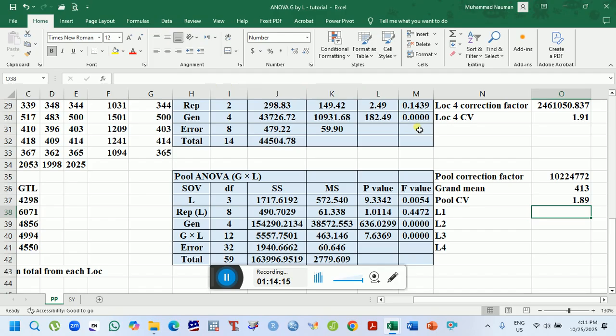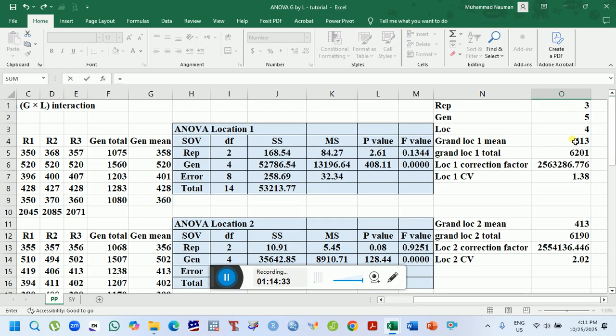So the location effect we have calculated is significant. So we will arrange the location 1, 2, 3, and 4 means here to see whether they are different or not.